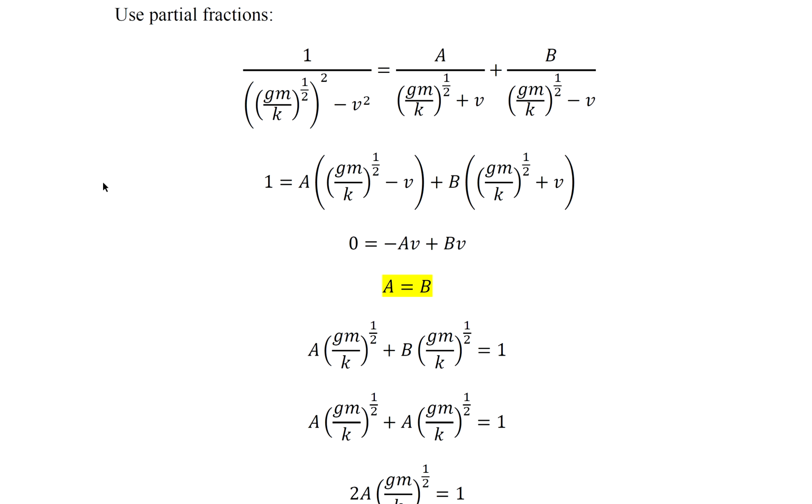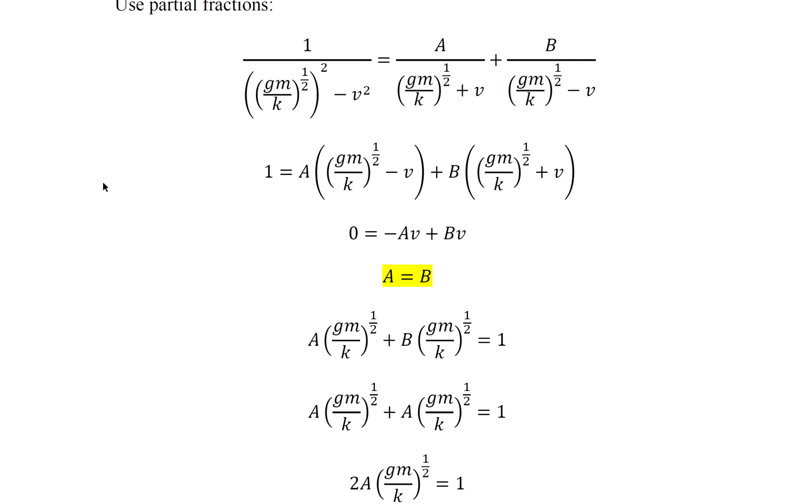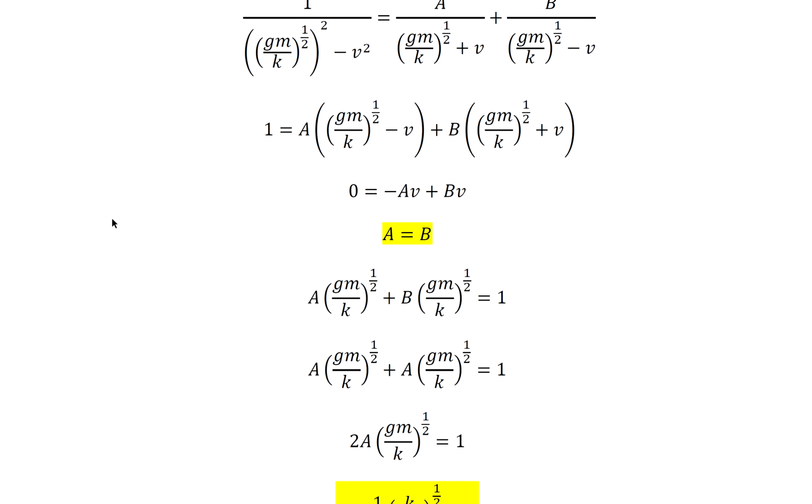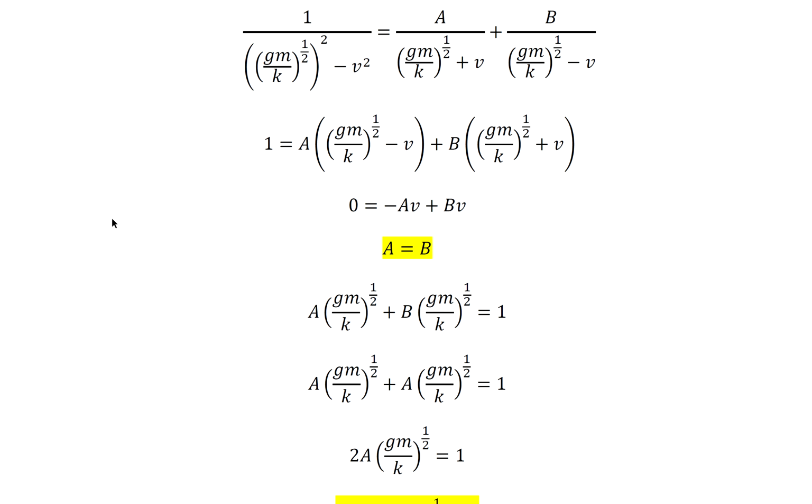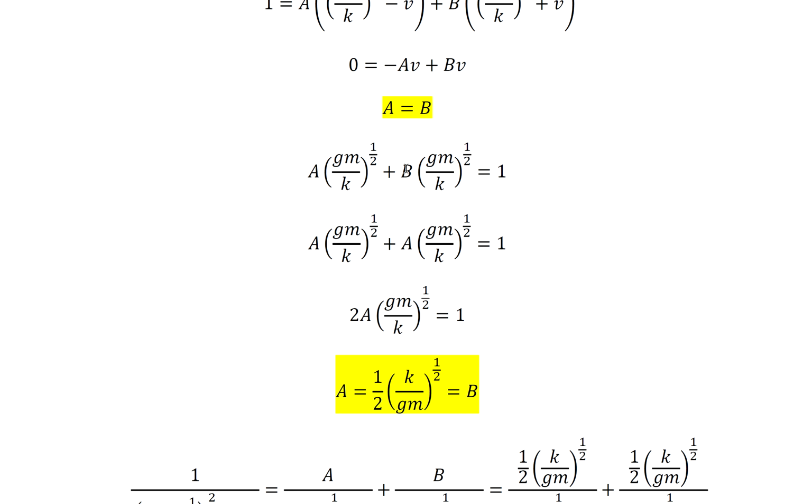So A equals B. And if A equals B, that means I get this. And since A equals B, B becomes A, and then A becomes this.